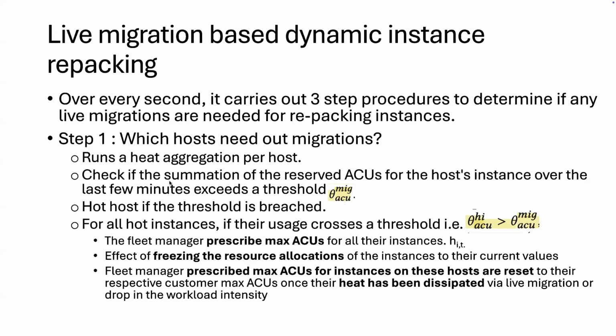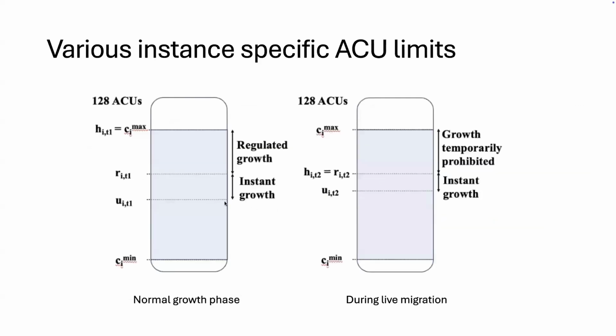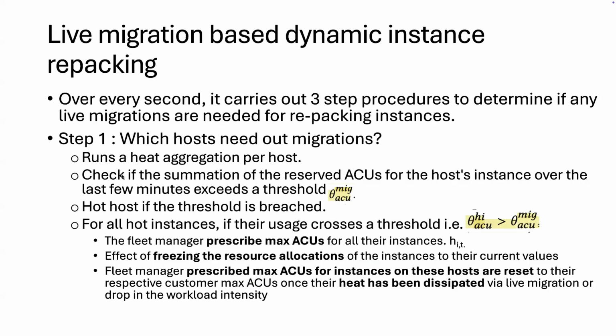It first checks if the summation of reserved ACUs, which are the ones currently reserved for my usage, which is RI1 in this case, for the host instances over the last few minutes exceeds a particular threshold.